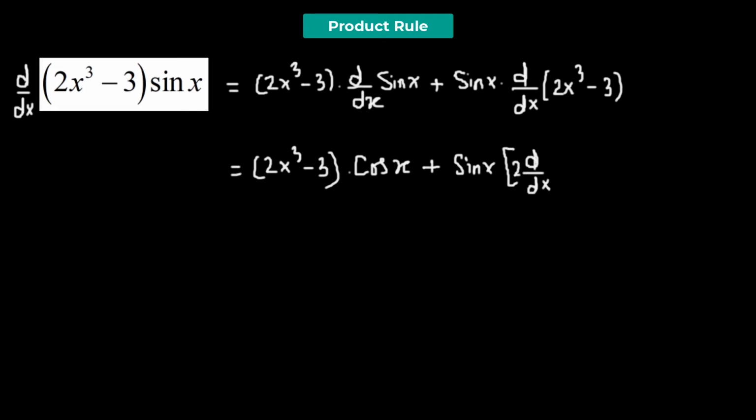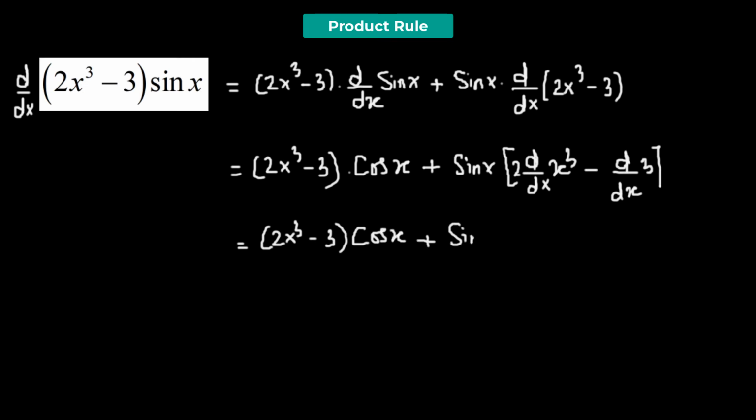So 2 being a constant, we can pull it out of the derivative. So derivative of x cubed minus the derivative of 3 with respect to x. So we have 2x cubed minus 3 times cosine of x plus sine of x multiplied by 2 times the derivative of x cubed, which will be 3x squared, minus the derivative of the constant function, which is 0.